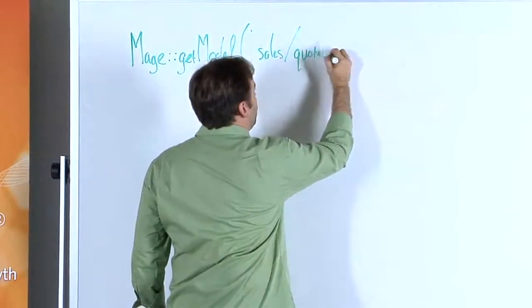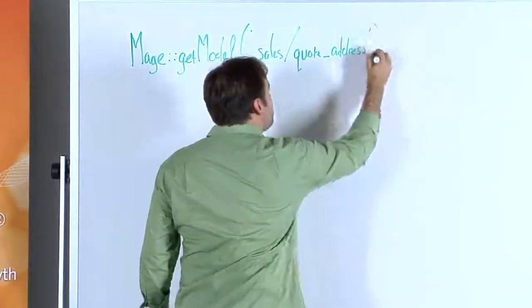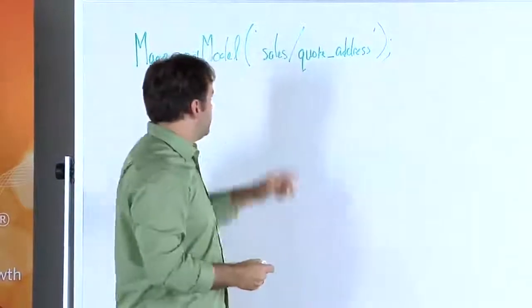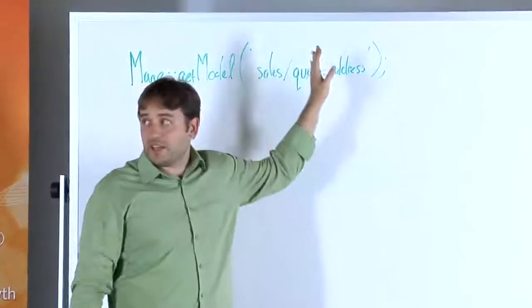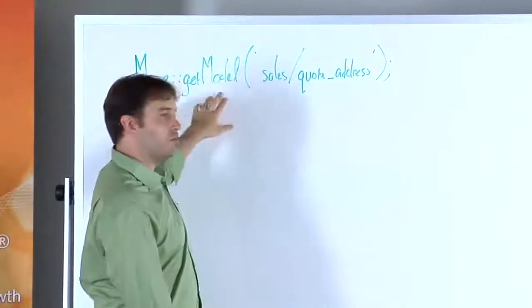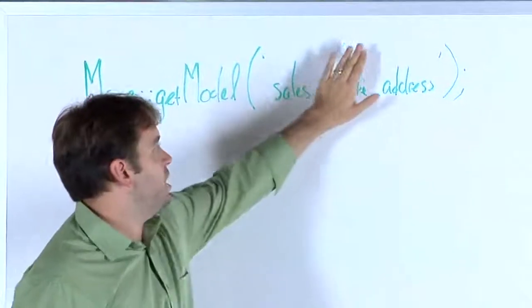I hope you're starting to see some patterns, even if you may not totally understand it right now. You see sales and then sales. Whatever's before the slash is going to be a node directly under whatever type we're dealing with, in this case models. So Mage::getModel, sales.